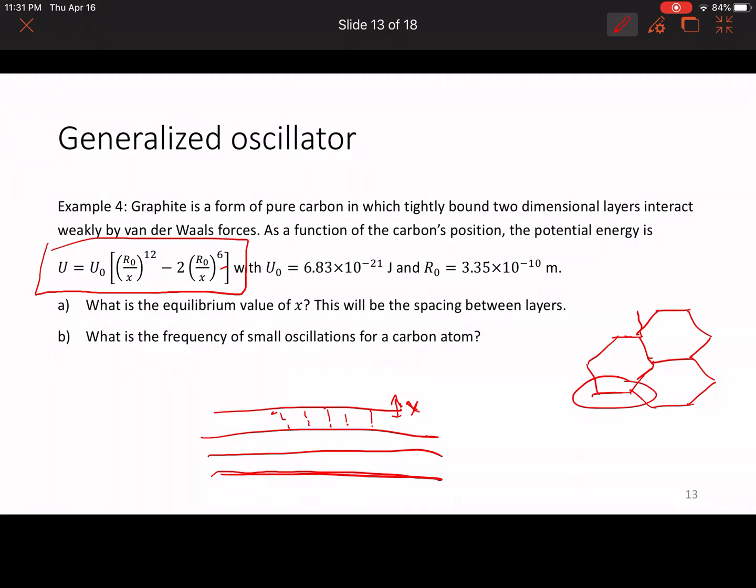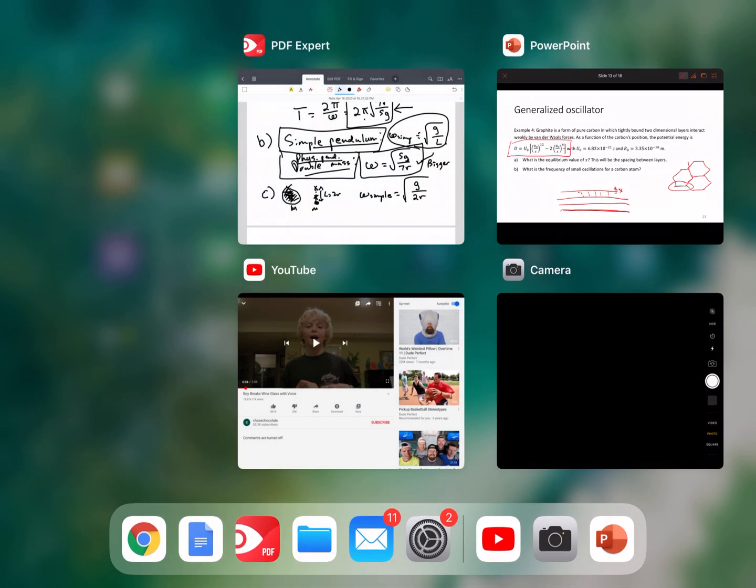So mass of the carbon atom, you can look it up on the periodic table since you guys are all on the internet. I want you to take a quick second, see if you can figure out what's the equilibrium value of x and the frequency of small oscillations of that carbon atom. Good. So hopefully you've had a chance to do this. This is a nice example, and actually your homework will also be a nice example of these general harmonic oscillations.